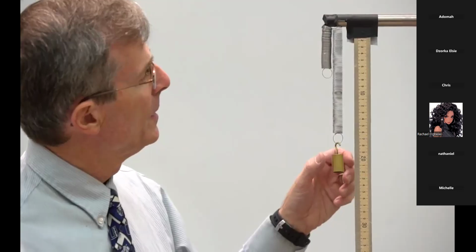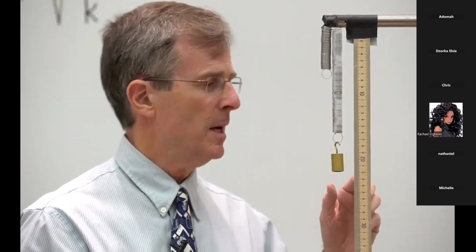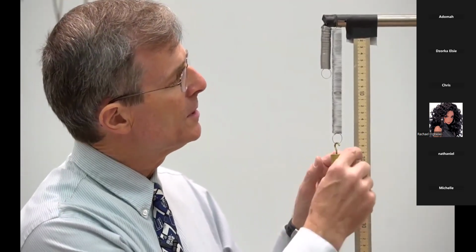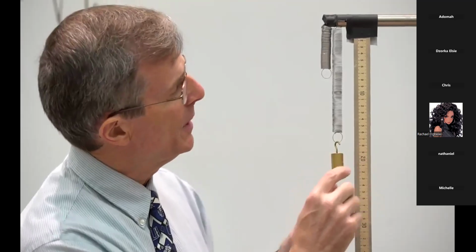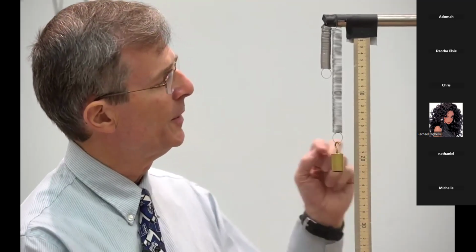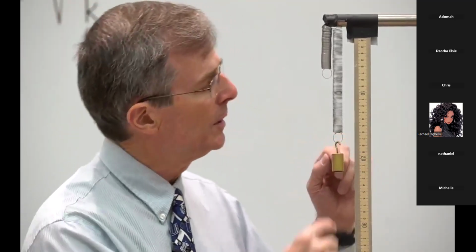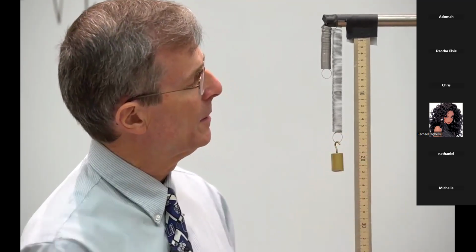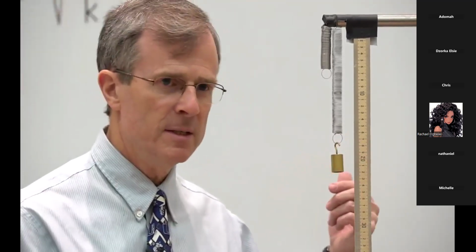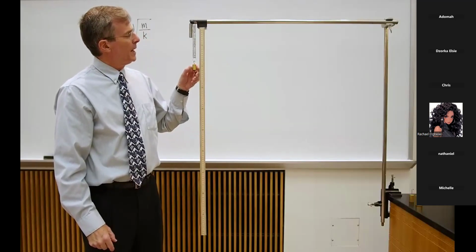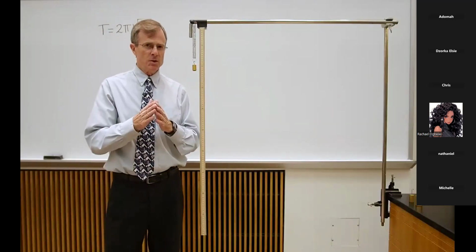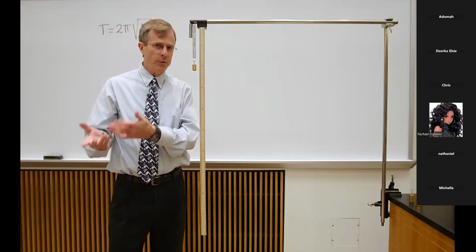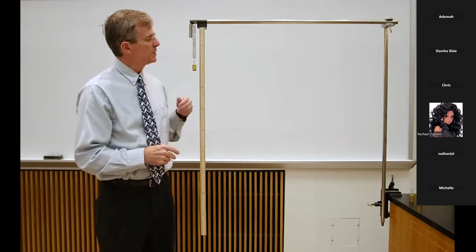Let's continue to listen to what the amplitude is defined as. The distance between the equilibrium position, and I'm talking here about the top of the brass cylinder here, where it meets the meter stick here at about 19 centimeters. The amplitude is defined as the amount of excursion from the equilibrium position.